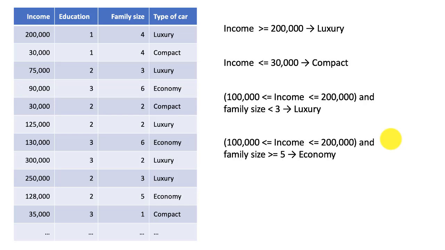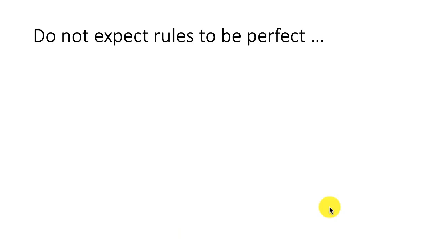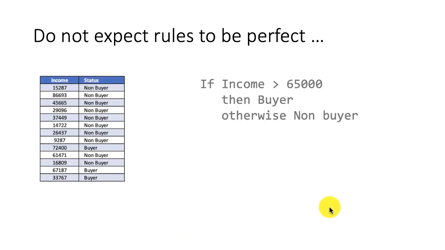Again, as I've said many times, we cannot expect the rules to be perfect. There will be mistakes. The point is, is it still useful or not? That's the point. The rules can involve many attributes, but do not expect them to be perfect.